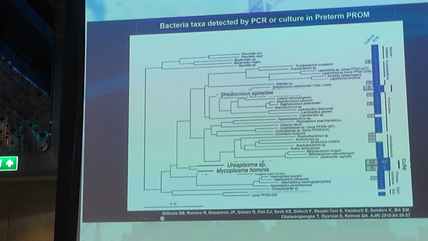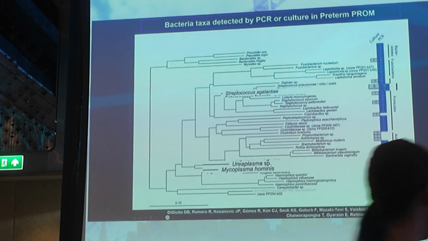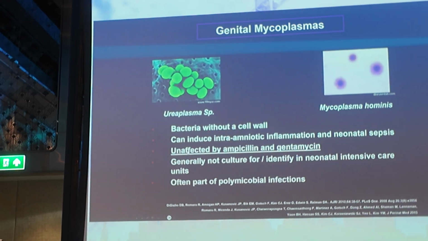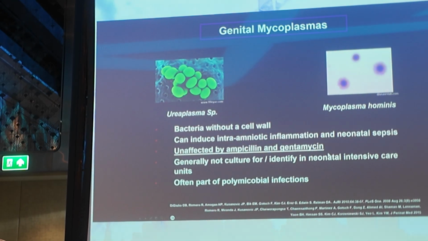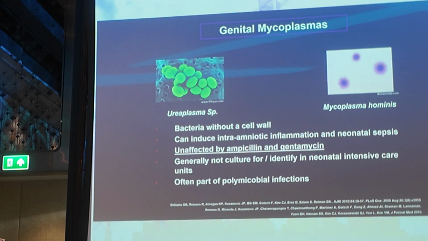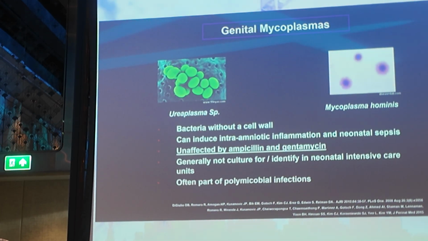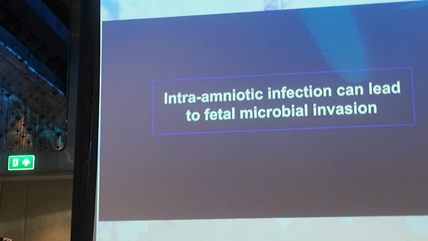And GBS, for example, is only present in 3 in comparison with these 57 cases. Genital mycoplasmas are bacteria without cell wall, and ampicillin and gentamicin, which are the antibiotics routinely used in clinical obstetrics, do not eradicate ureaplasma or mycoplasma.